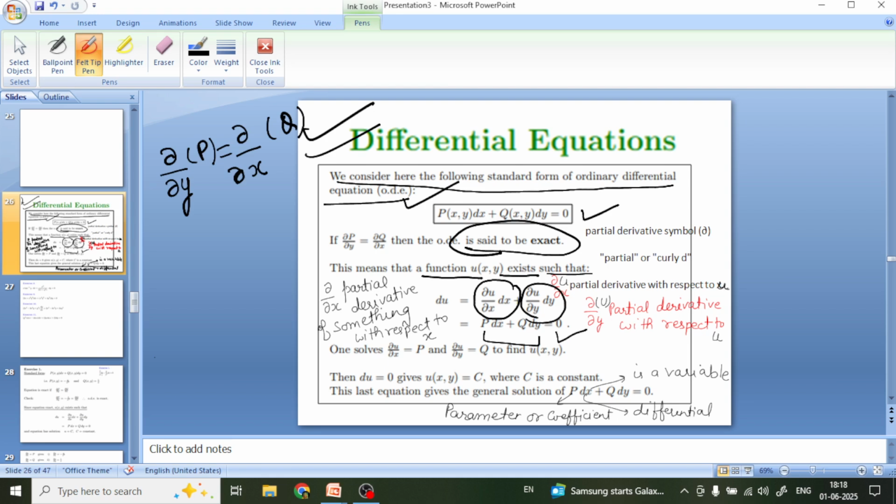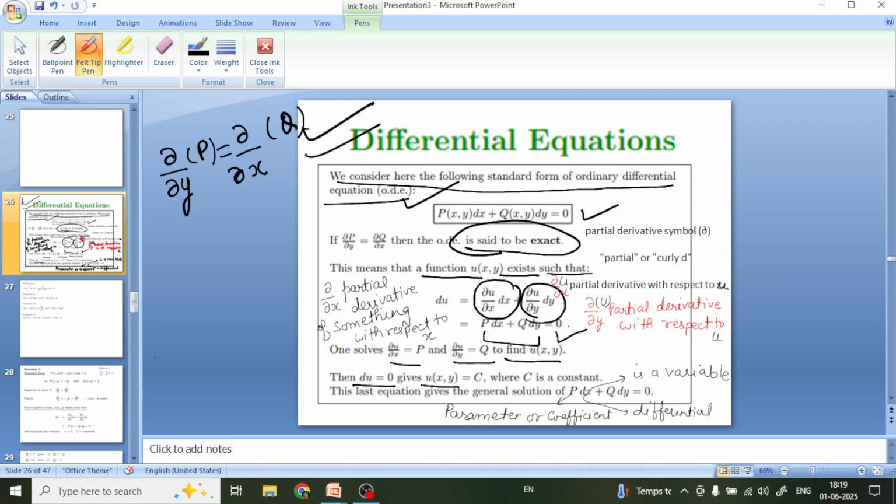The partial derivative of u with respect to x is equal to P, the partial derivative of u with respect to y should be equal to Q, and we have to find u(x,y). du is equal to 0.